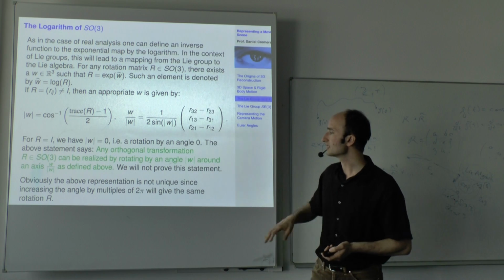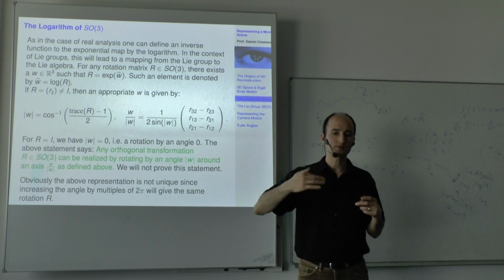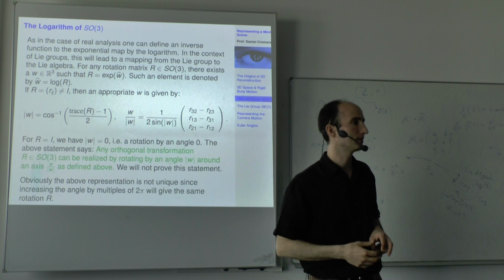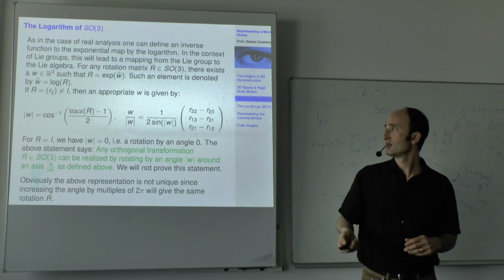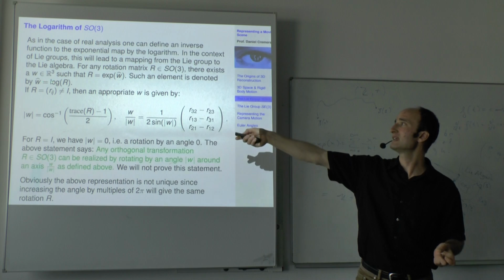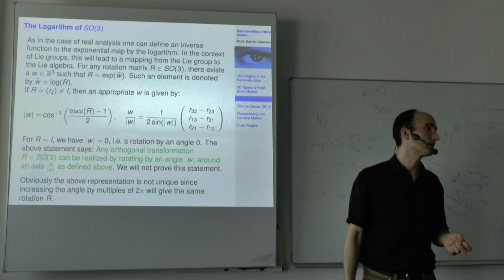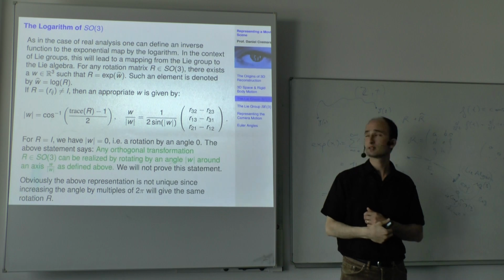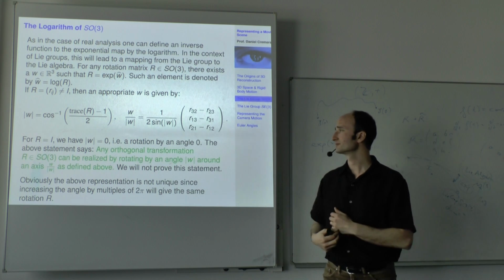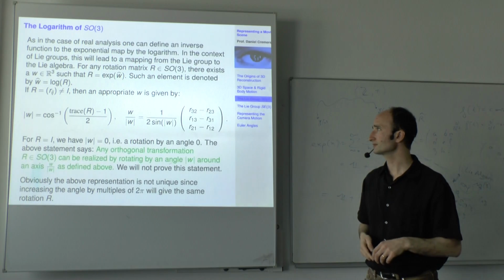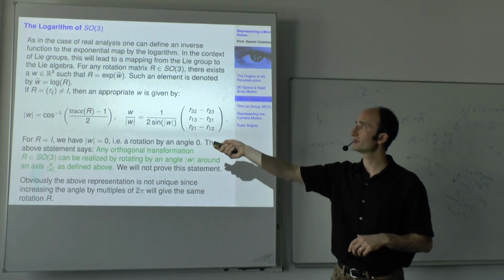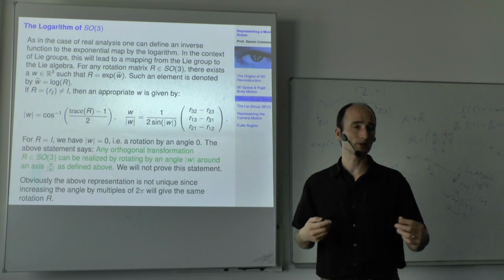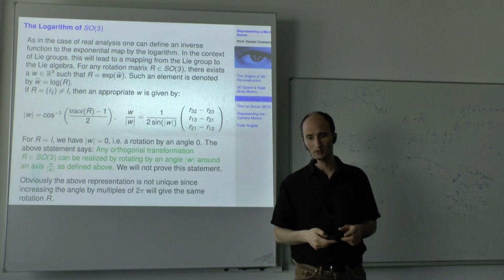And so obviously there's an infinitely large family of equivalent representations. So there is not a unique W hat to model a rotation, but a whole family of equivalent ones. And this is typical also for the real numbers and the logarithm, that you do not always have uniqueness.